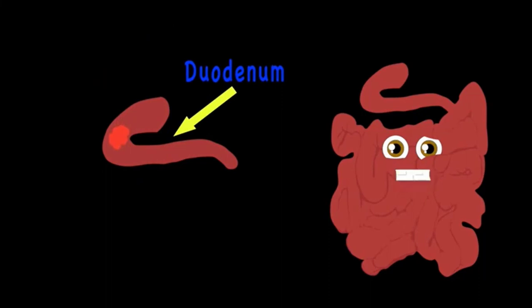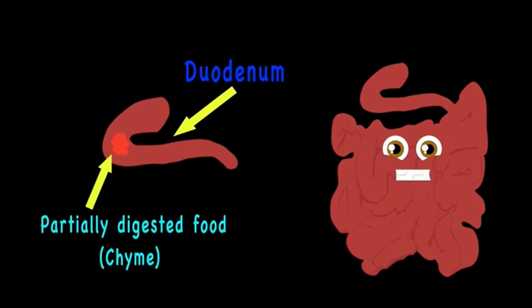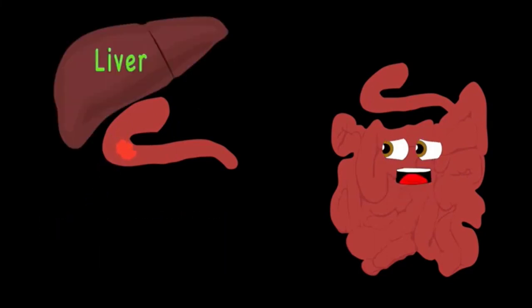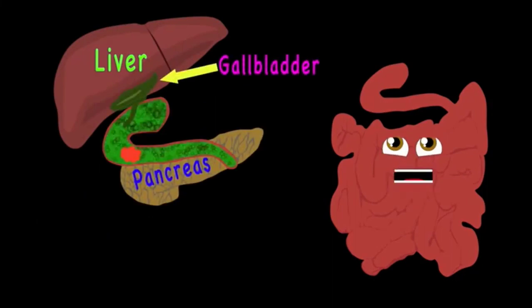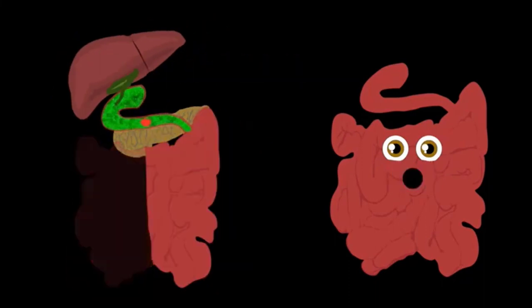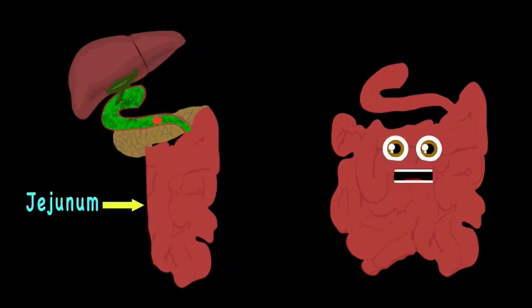It's my first part of 3. Your duodenum's job is a critical one. It gets your partially digested food ready for absorption. Your liver, pancreas, and gallbladder secrete the chemicals that mix with your chyme, preparing it to be passed to your jejunum. This is where your small intestine starts the absorption.